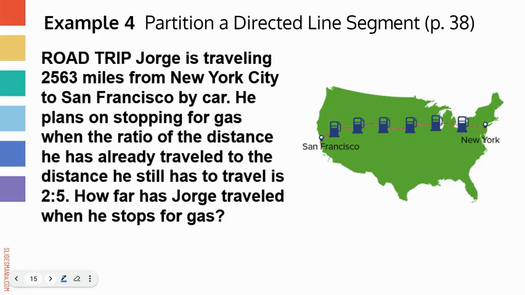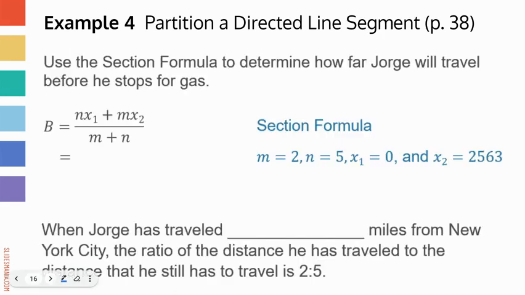Okay, so we know a couple of things. We know m to n is 2 to 5. His initial starting point is going to be 0 because that's where he is when he starts. And his terminal point is going to be 2,563 because that's how many miles it is to get to his destination.